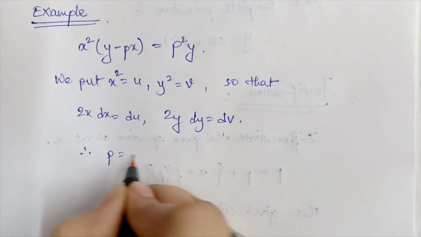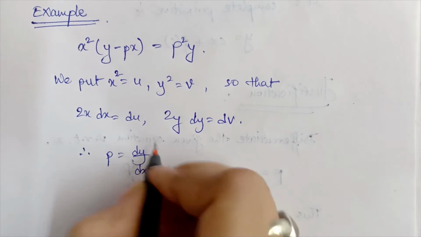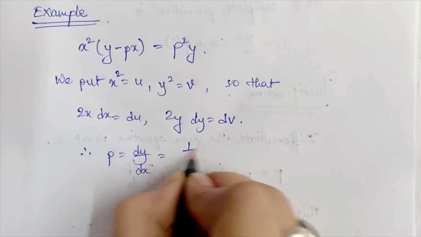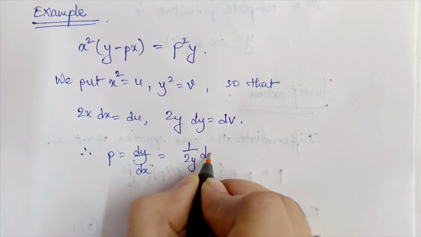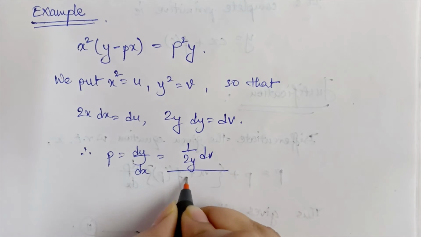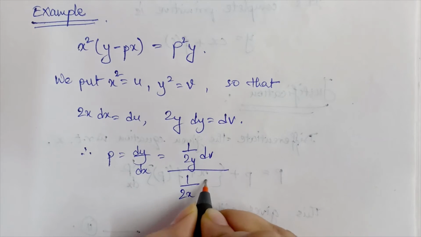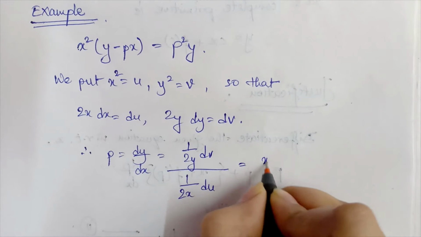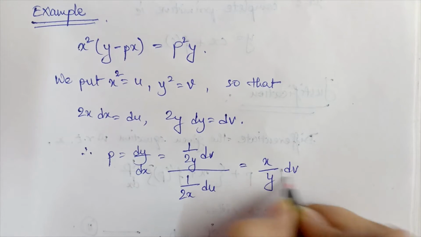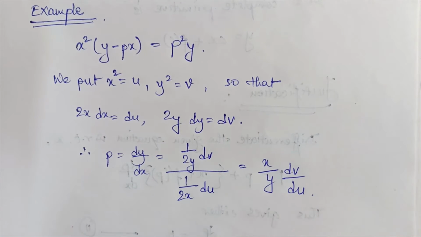Therefore, p equals dy by dx equals 1 by 2y dv by 1 by 2x du, which means x by y dv by du.